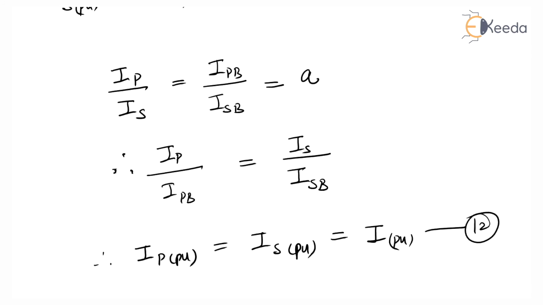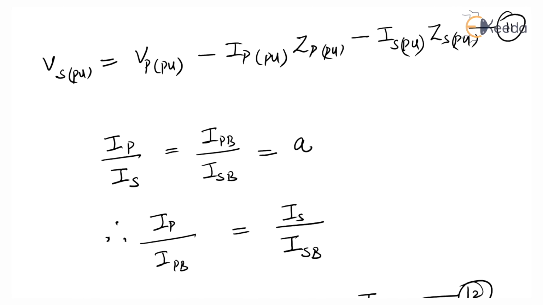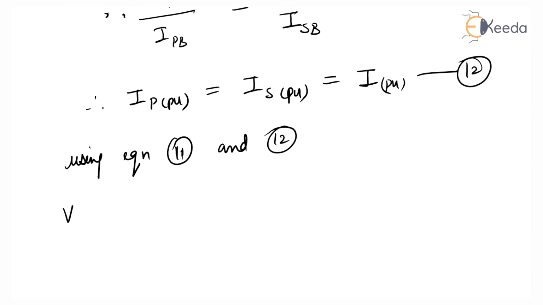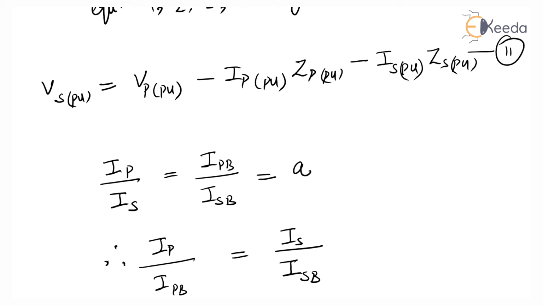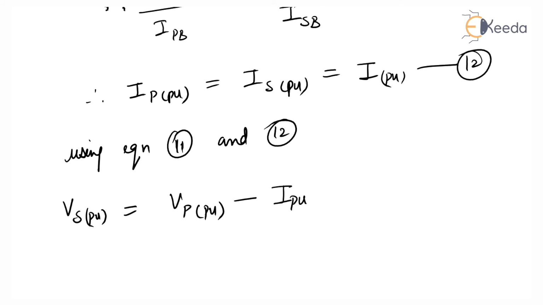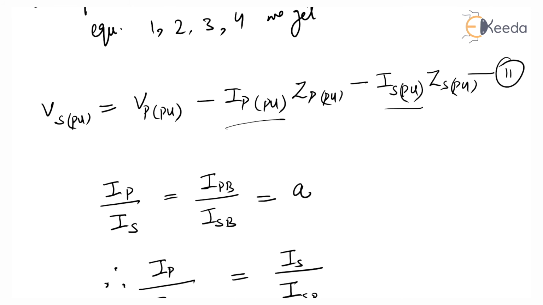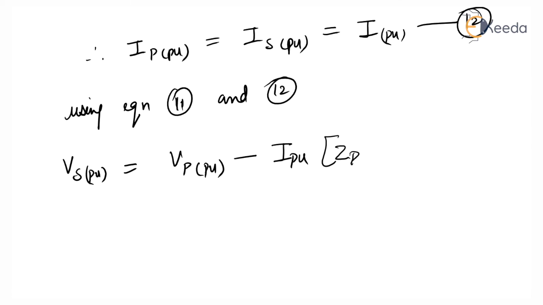So using equations 11 and 12, we can write Vs per unit is equal to Vp per unit minus, with Ip per unit and Is per unit both equal to I per unit, I per unit in bracket Zp per unit plus Zs per unit.